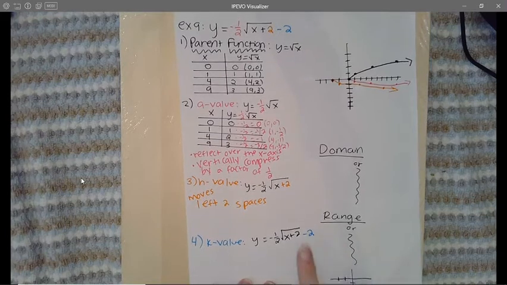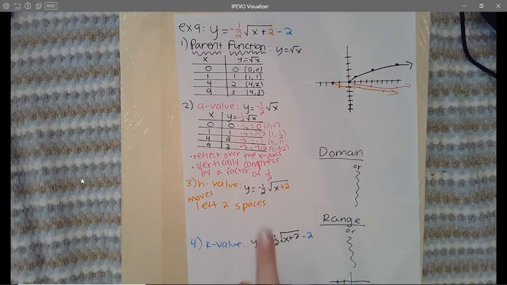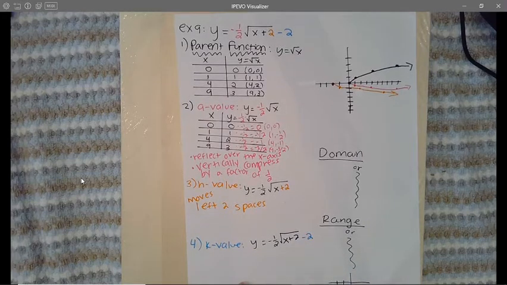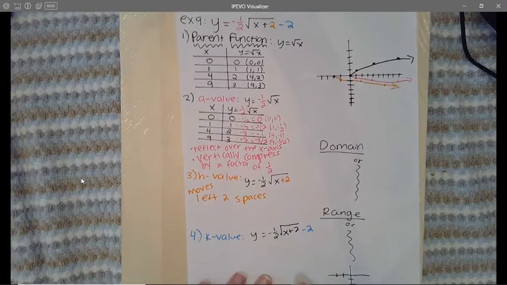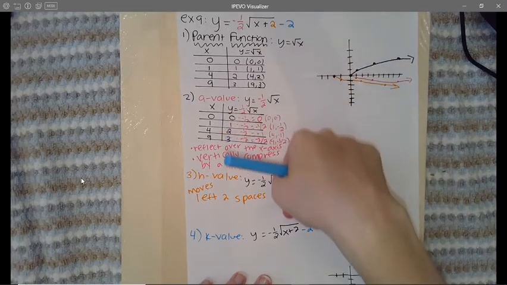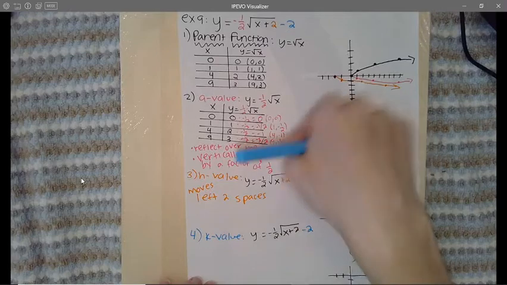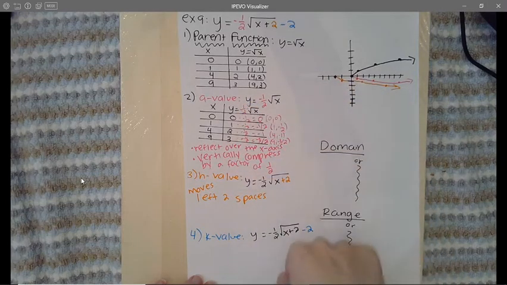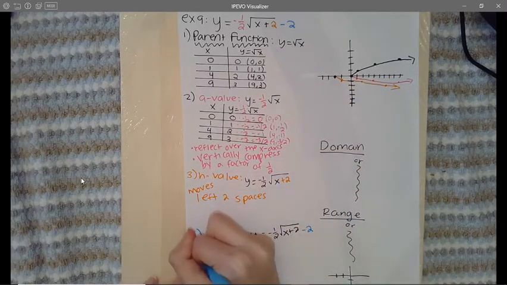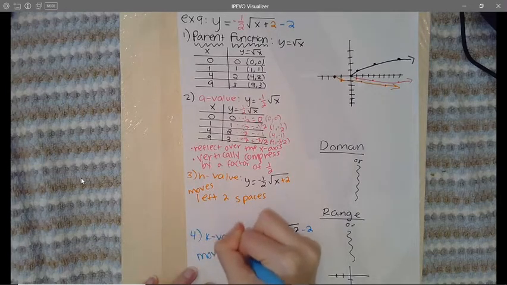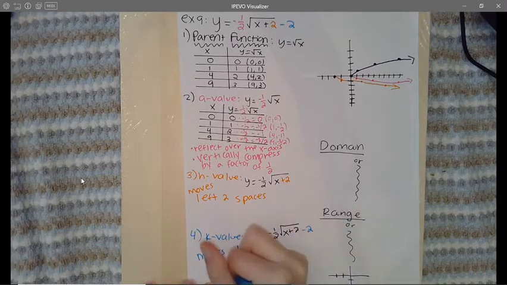Okay, and don't forget k, we think kangaroo, which normal kangaroos jump up and down, right? Okay, and the k value, you don't think the opposite. So if we're going -2, we're heading in a negative direction, so we're going to head down 2 spaces. So moves down 2 spaces.